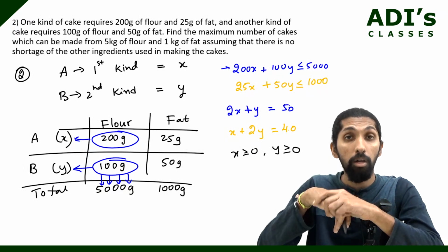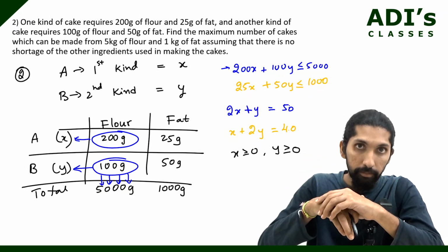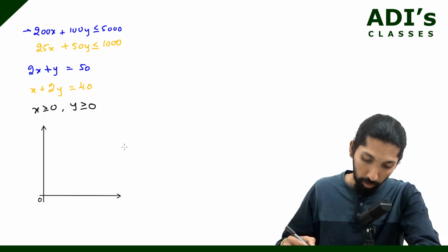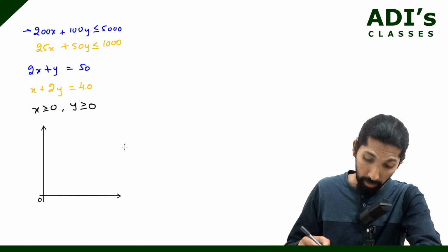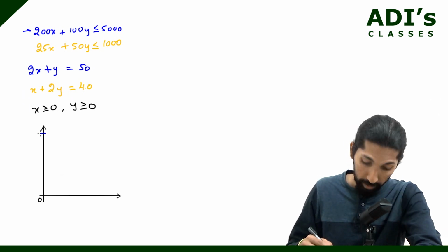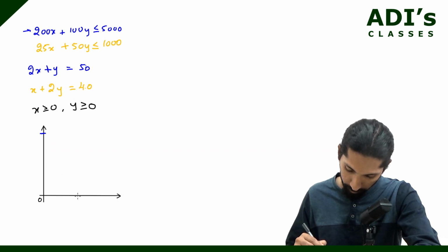The next thing is plotting the graph. The first part, 2x plus y is equal to 50. Suppose if x is 0, then y is 50. Now if y is 0, x is 25.